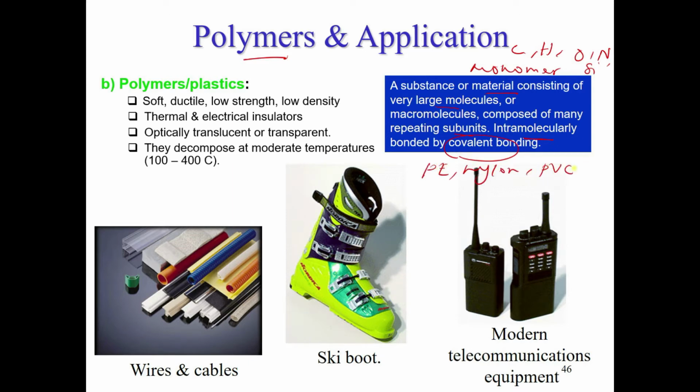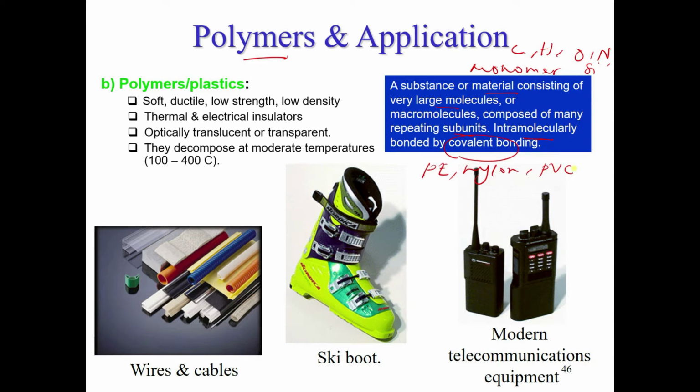Polymers or plastics have the widest use because of their low density and high processability. It's easy to form complex shapes out of polymers. However, the strength of polymers is weaker compared to metals or ceramics as well as composites.